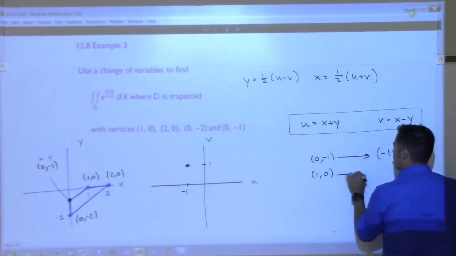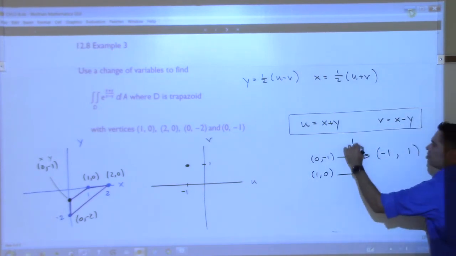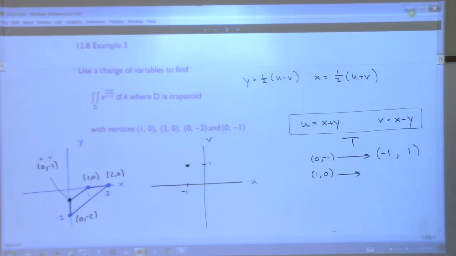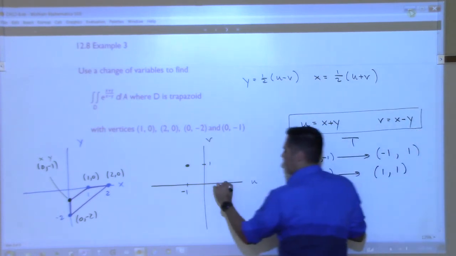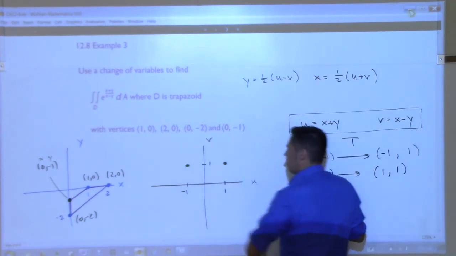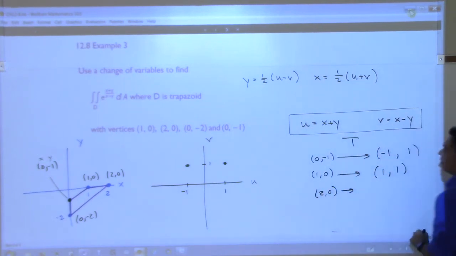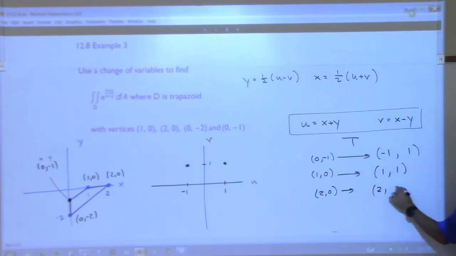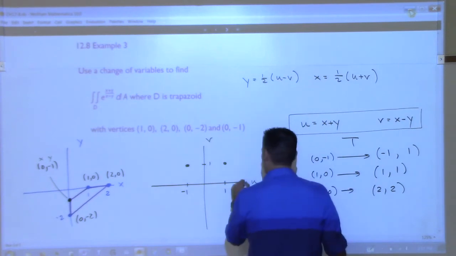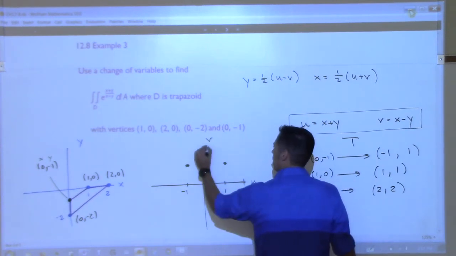Okay, now let's pick another one. 1, 0. See where that goes under our transformation T. So 1, 0 goes to 1, 1. And then let's go 2, 0. That goes to 2, 2.